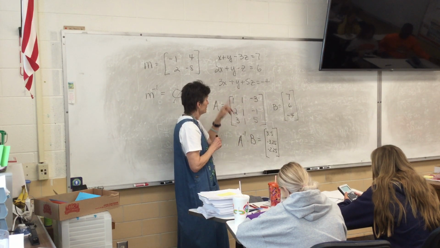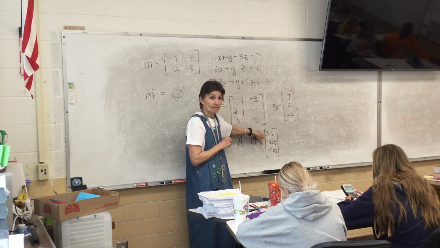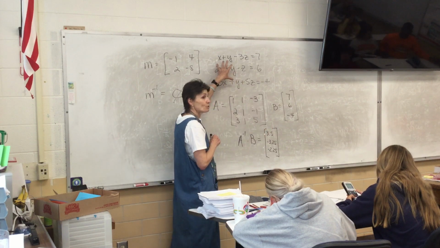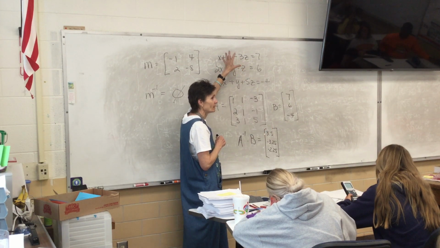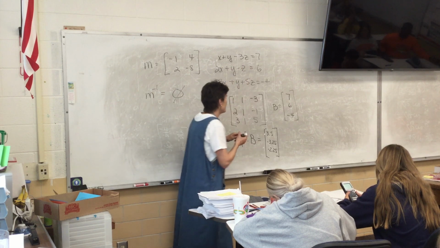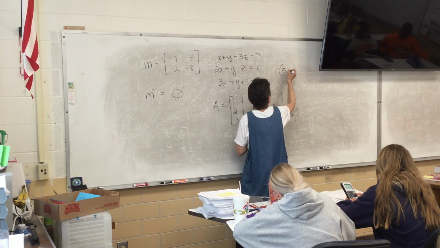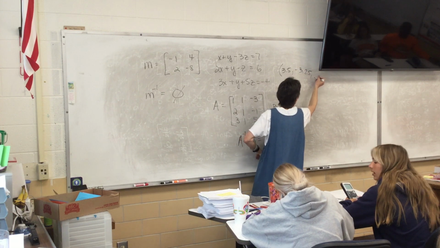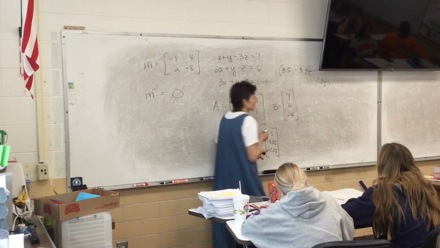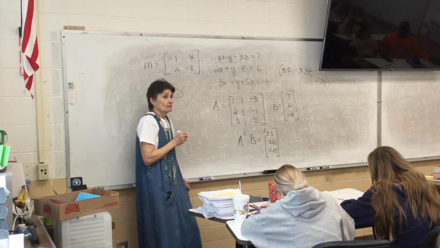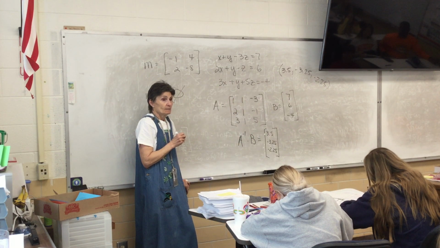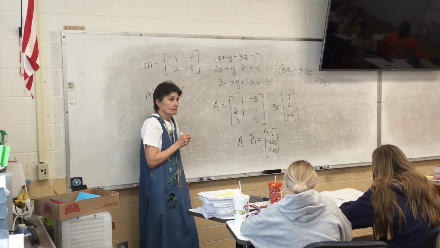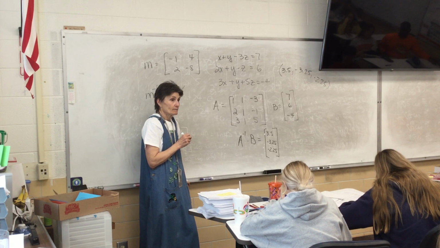Well, that's X, that's Y, and that's Z. So if you use substitution or elimination to solve that system, the answers would come out to be 3.5, negative 3.25, and negative 2.25. Okay?